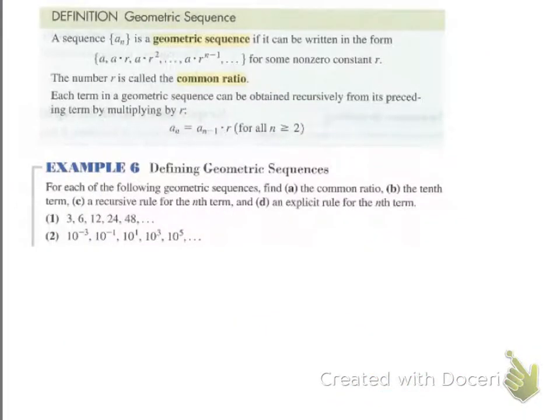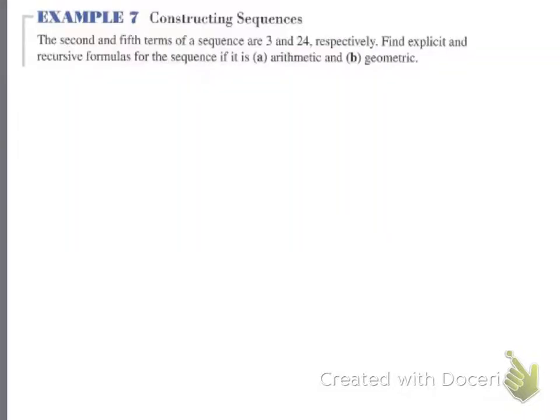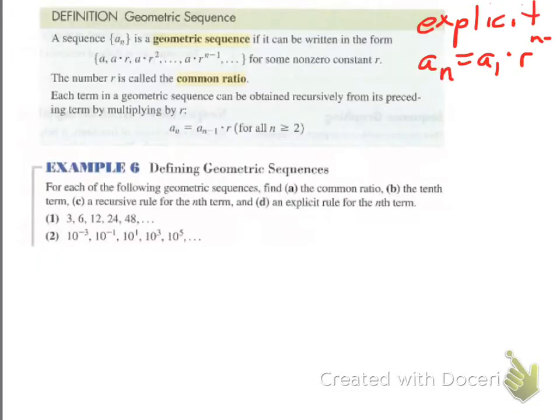Geometric sequence. Now for a geometric sequence, here is the explicit formula. You're going to have a sub n equals the first term times r to the n minus 1.